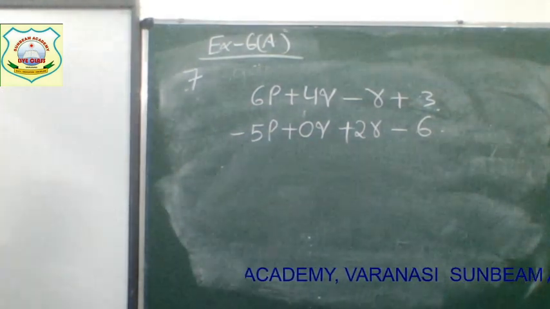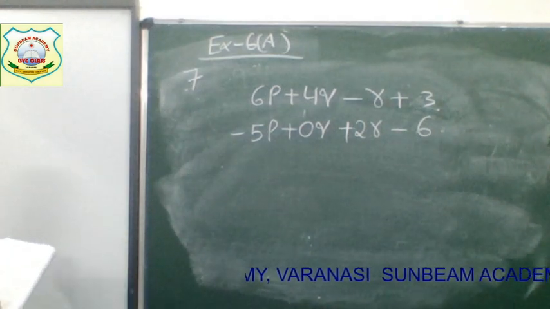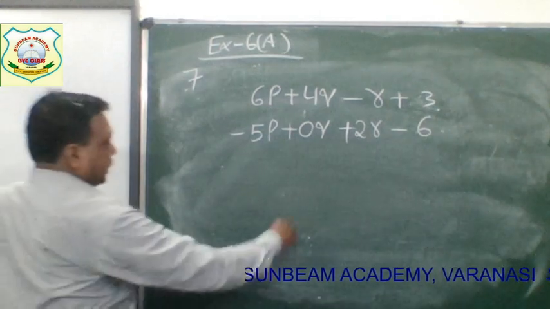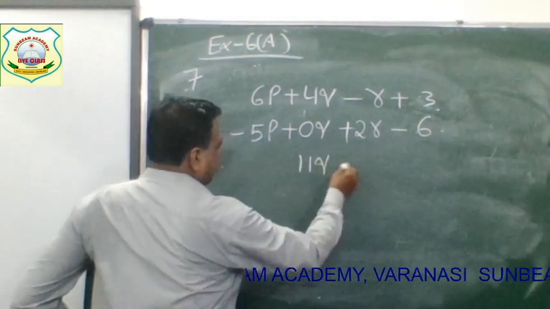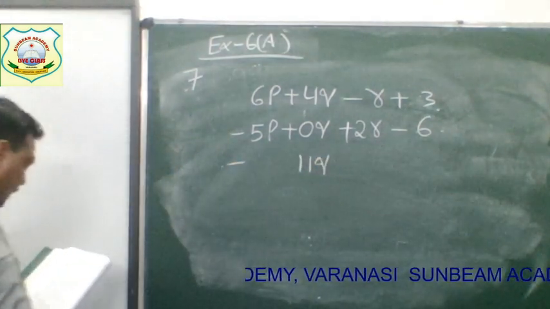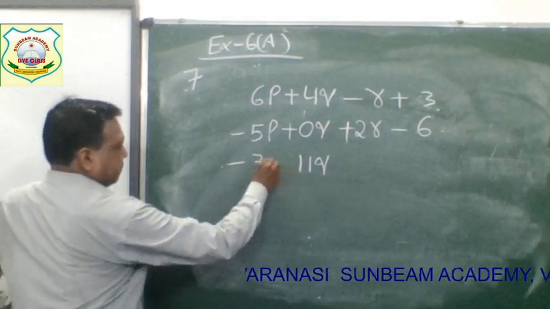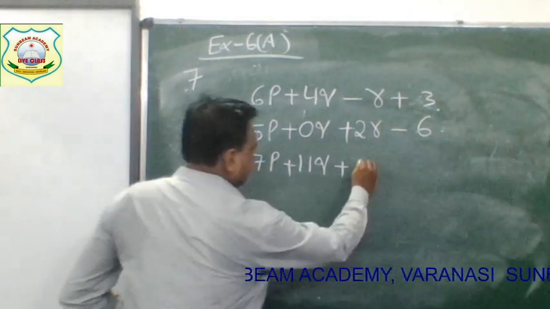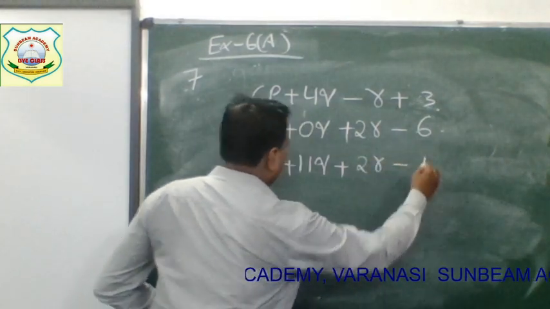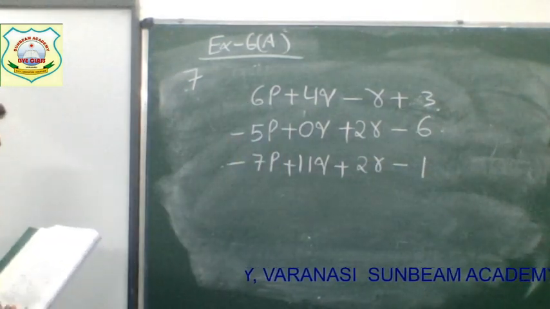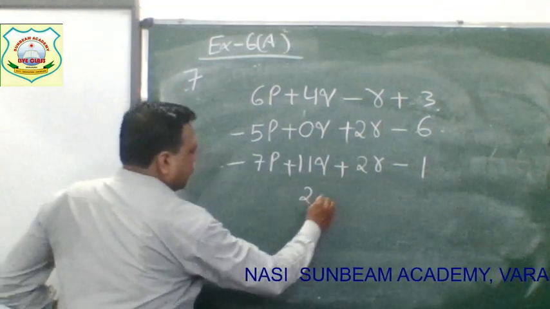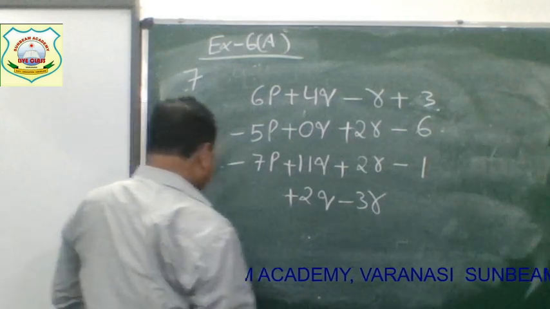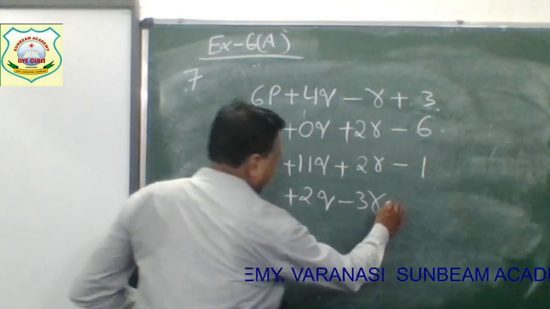Next one is given 11q, minus 7p, plus 2r minus 1. Next one is given 2q minus 3r, minus 3r plus 4.